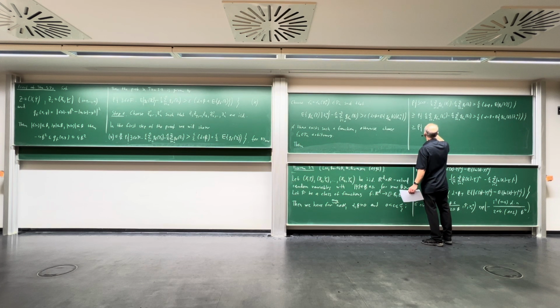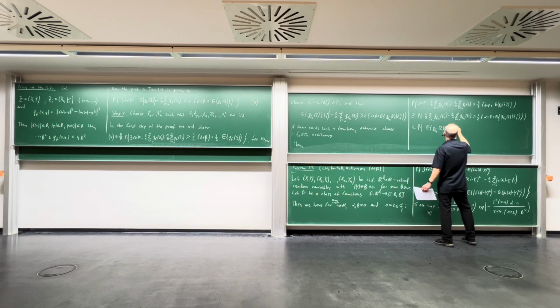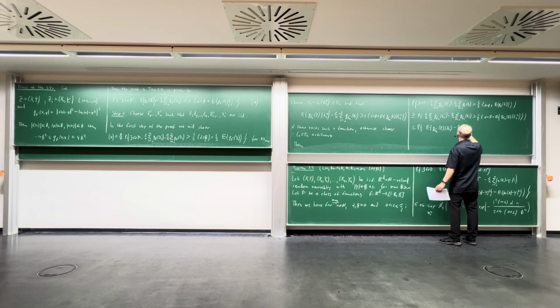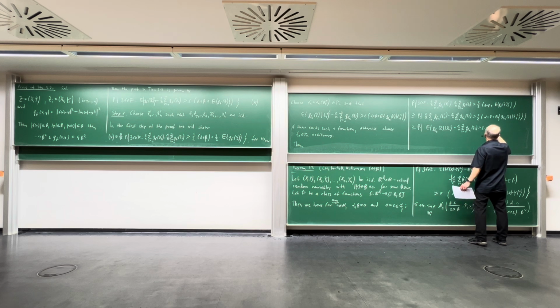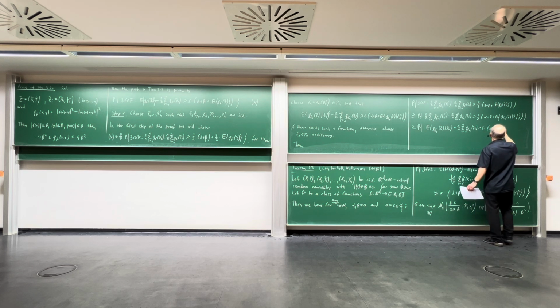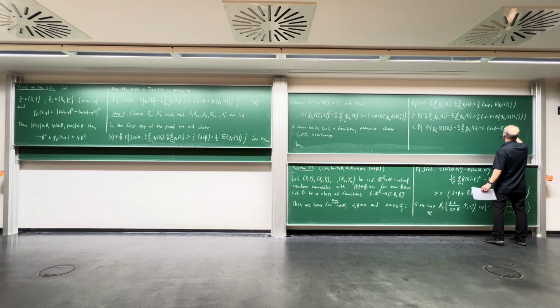I write the expectation of gfn of Z given Zn minus 1 over n sum, greater than epsilon times alpha plus beta plus expectation.